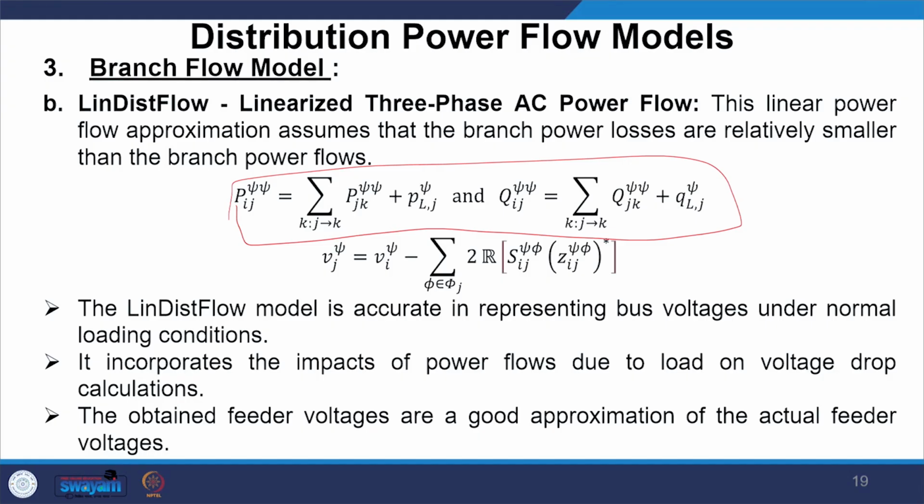The linear distribution flow model is accurate in representing bus voltage under normal loading conditions. It incorporates the impact of power flows due to load on voltage drop calculations, and the obtained feeder voltages are a good approximation of the actual feeder voltages.